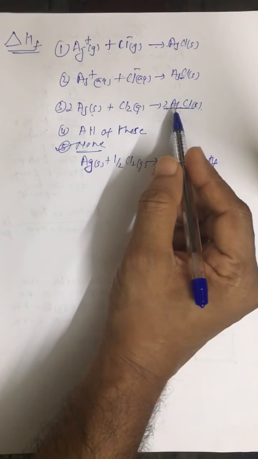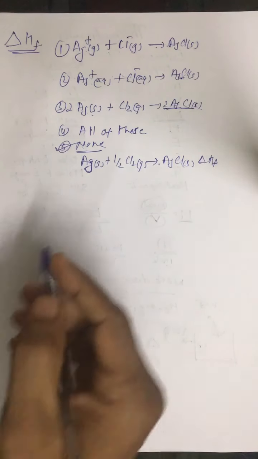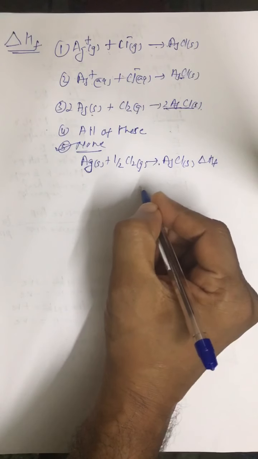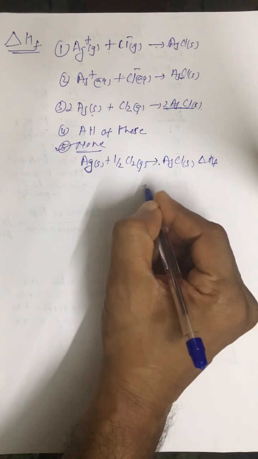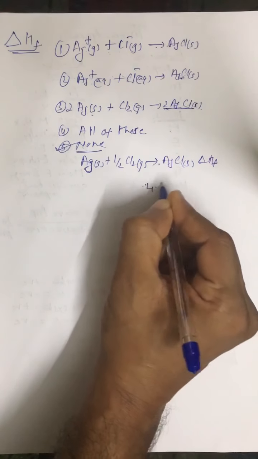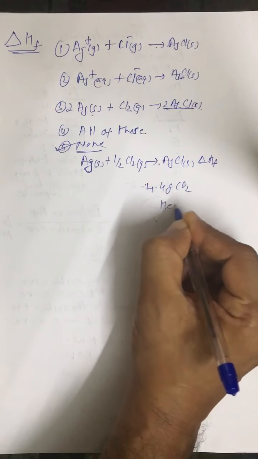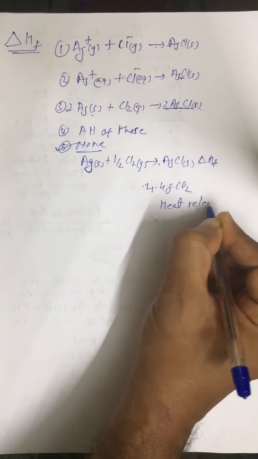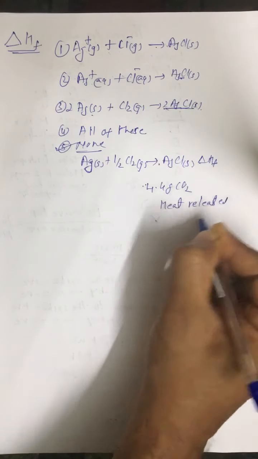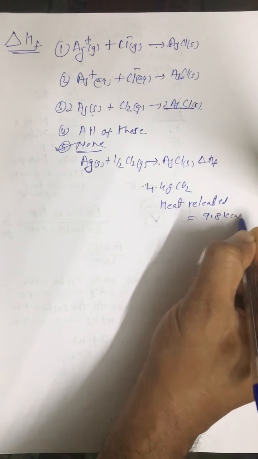Now suppose there is a question: in the formation of 4.4 grams of CO2, the heat released is equal to 9.8 kilocalories.